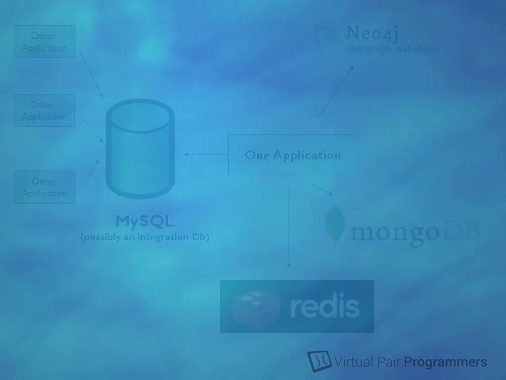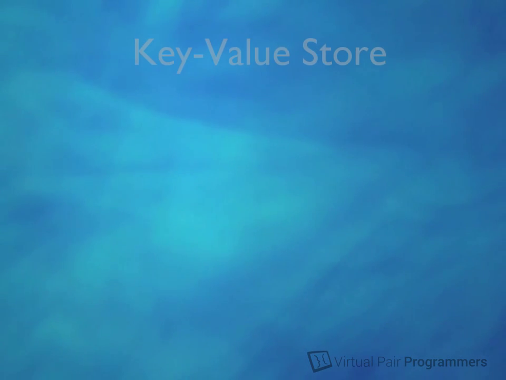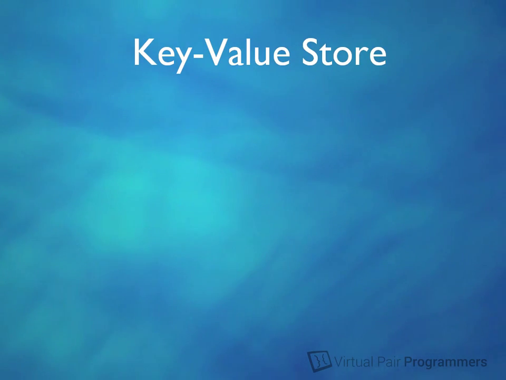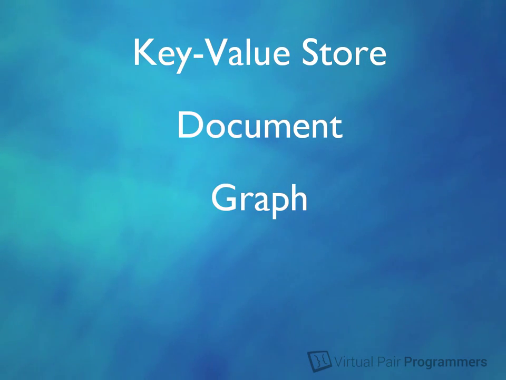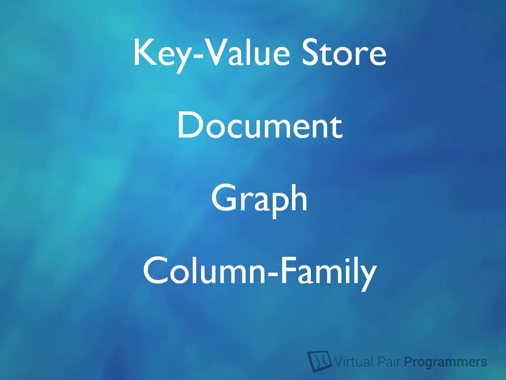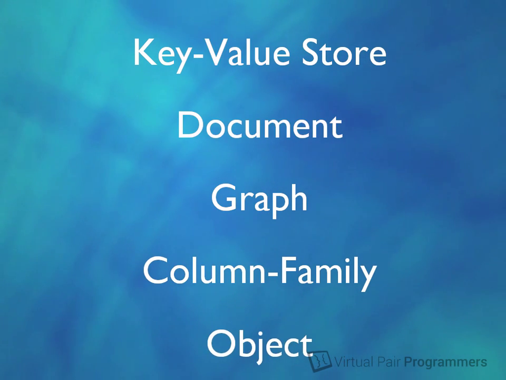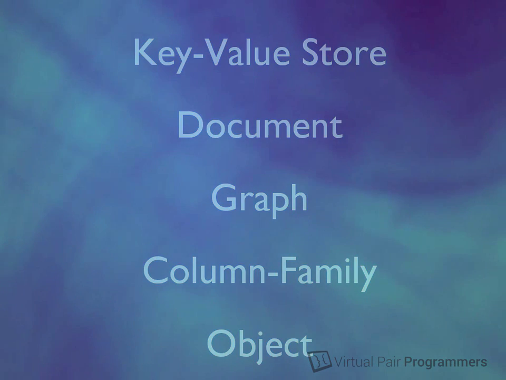The 5 types are called key value stores, document databases, graph databases, column family stores, and object databases. Let's look at each of them, and we'll start with the key value store.